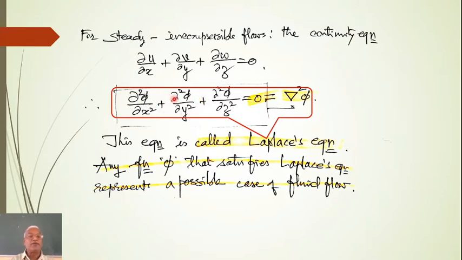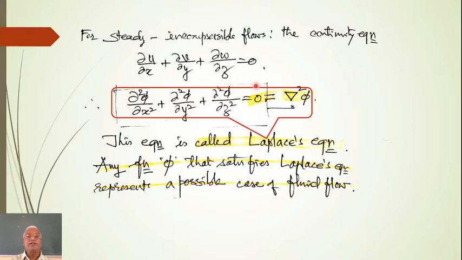So dou squared phi by dou y squared, because it is dou by dou y of v. v is dou phi by dou y, of course with a negative sign, and then w is dou phi by dou z. So it becomes the second derivative of phi in the x, y and z directions equal to 0.